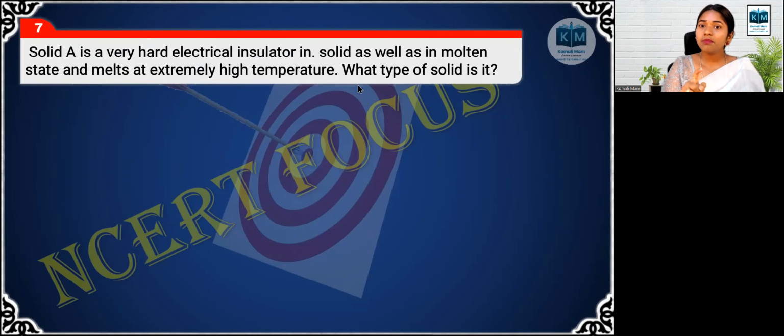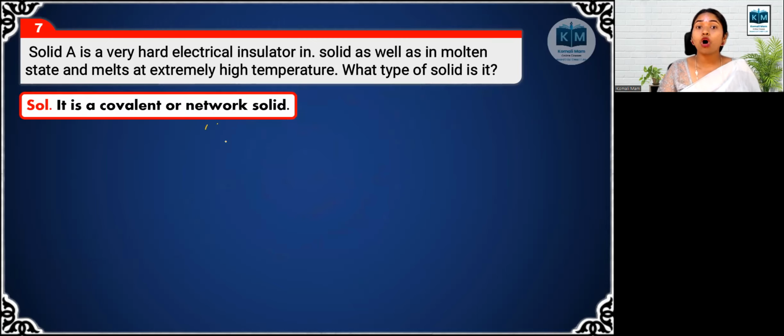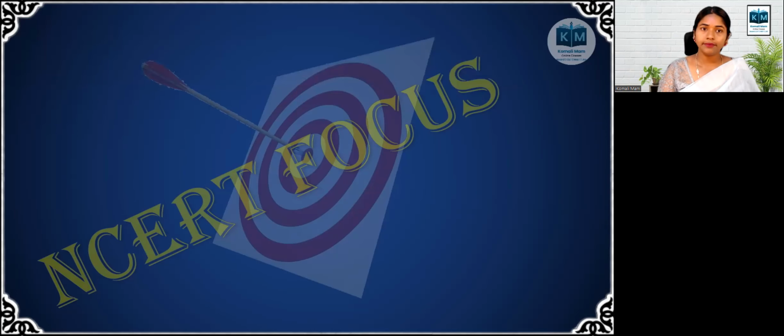But if it is ionic, in the molten state free ions will be there and it will show conductivity. But here it is an insulator in both states, meaning there are no free ions. Then it is a covalent solid, which is also known as a network solid. One is covalent solid. What is the other name, students? It is also known as network solid.